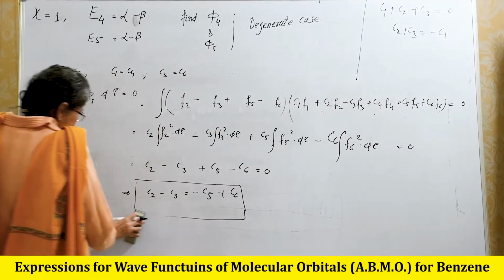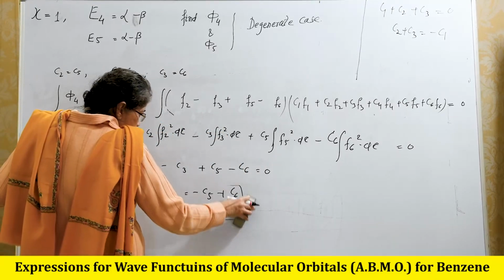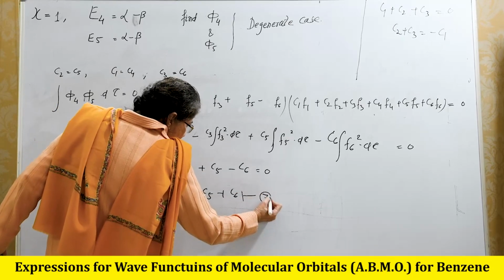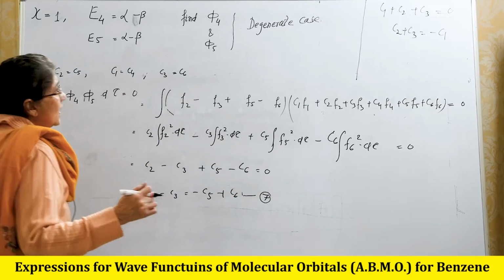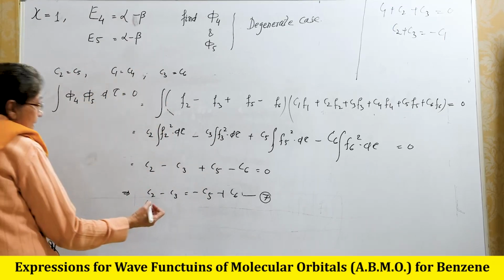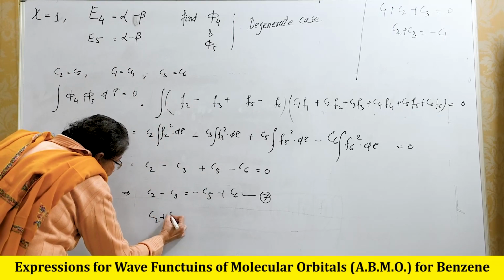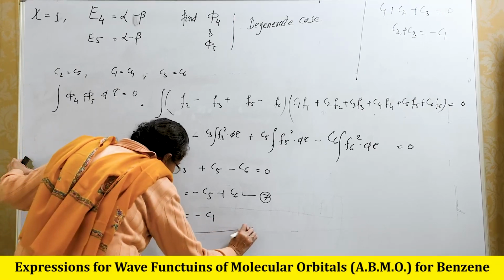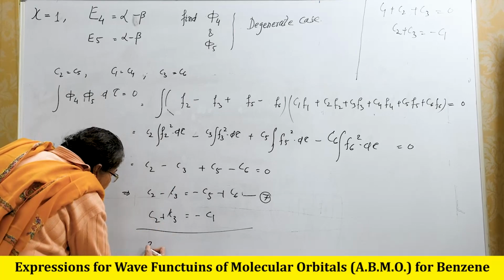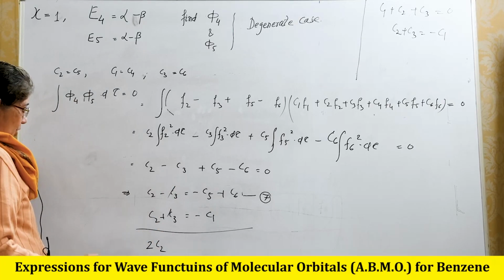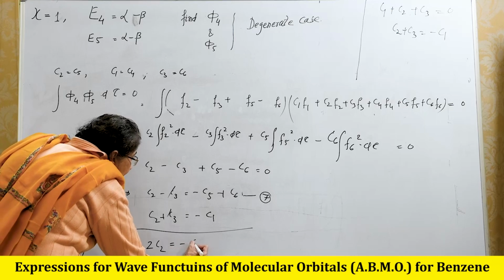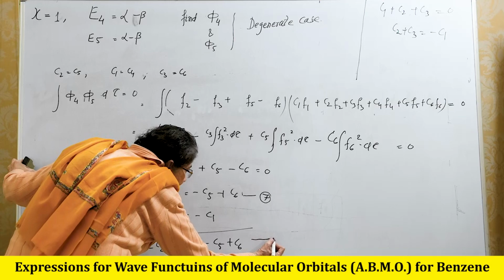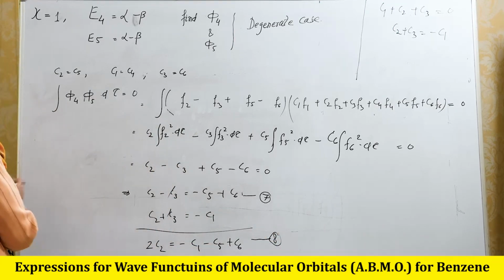Suppose this is equation number 7. Adding, C3 cancels and 2C2 is equal to minus C1 minus C5 plus C6. This is equation number 8.